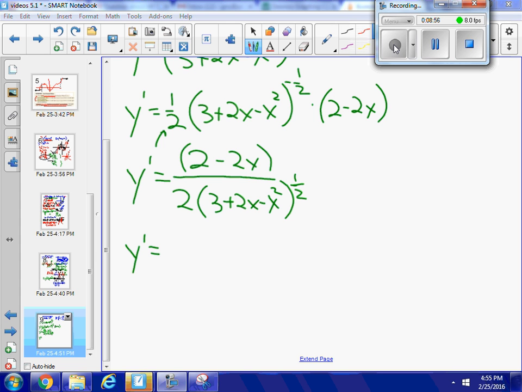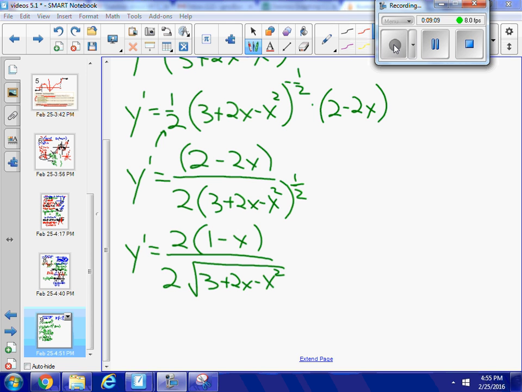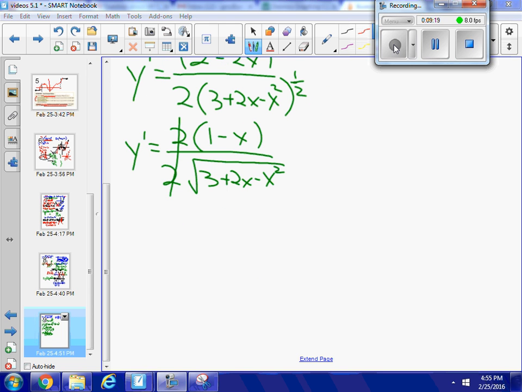I'm going to go y prime is equal to 2 times 1 minus x over 2, and I'm going to turn this into a radical sign right now, 3 plus 2x minus x squared. And I'm just doing that because I prefer it, when I'm at this point of a problem, and I know I'm going to have to find the domain of the derivative. So these 2's cancel out, and my y prime is equal to 1 minus x divided by the square root of 3 plus 2x minus x squared.